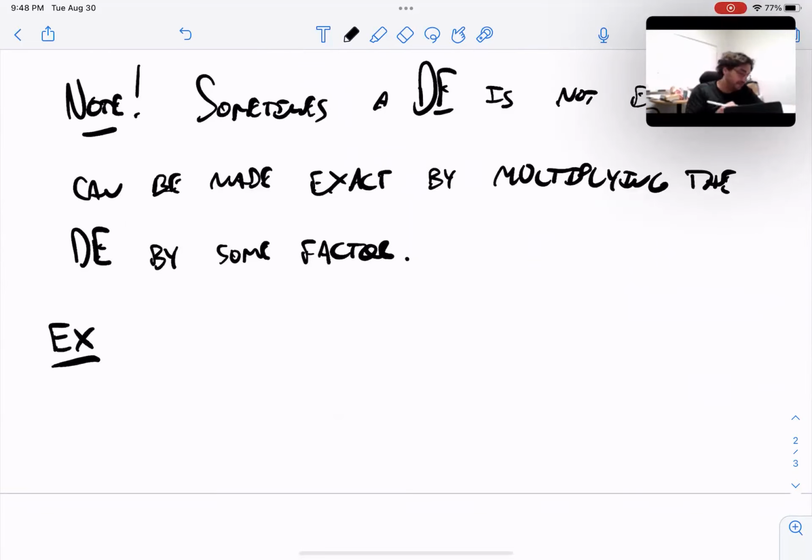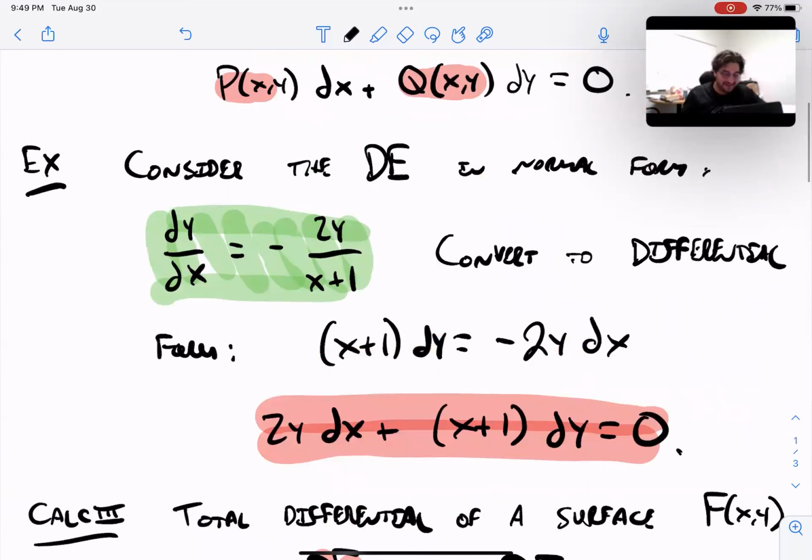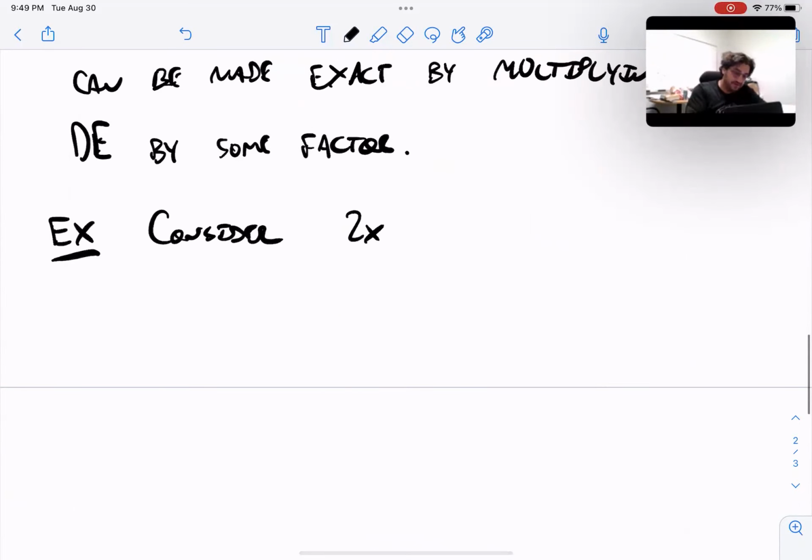Let me show an example of this. If you look at exactly the differential equation we had up here, 2y dx plus (x plus 1) dy equals 0, this DE is not exact.